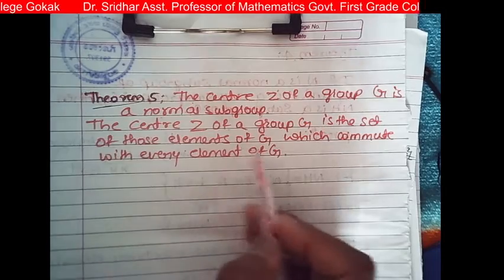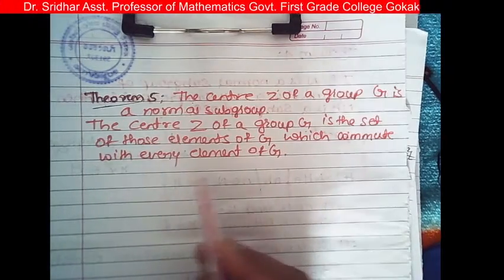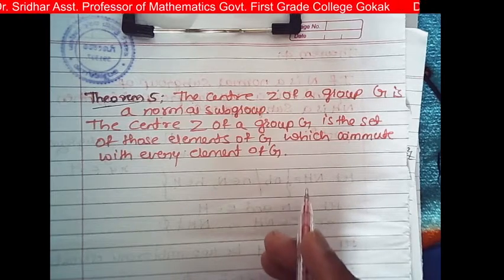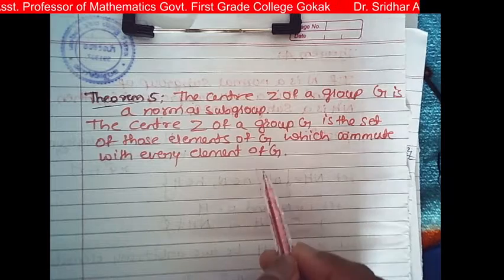The center Z of a group G is the set of those elements of G which commute with every element of G. Commute with every element of G means what?